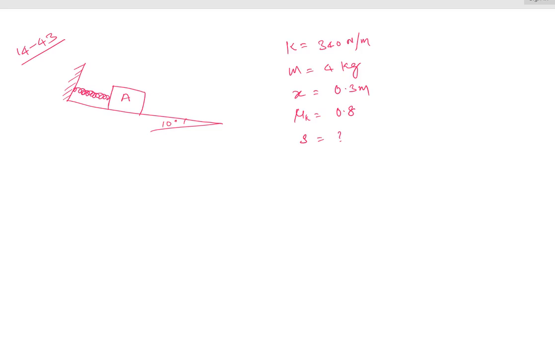So essentially what we're trying to do here is solve this problem based on energy balance, right? So the work done by the spring as it is expanding, or in other words, the work done on the spring while it has been compressed to 0.3, we can get that from half kx squared, the energy in the spring.